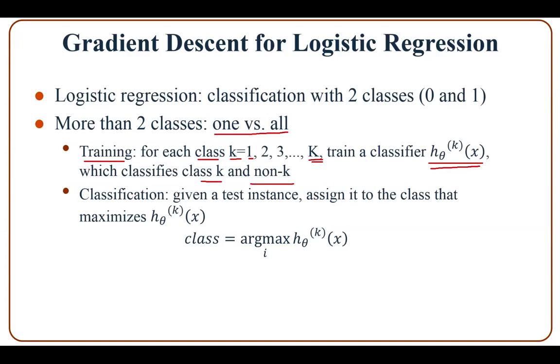So basically still two classes, right? Class k and non-class k. So for K classes we have K classifiers, and then in the classification step, given a test instance, assign it to the class k that maximizes hk of x.